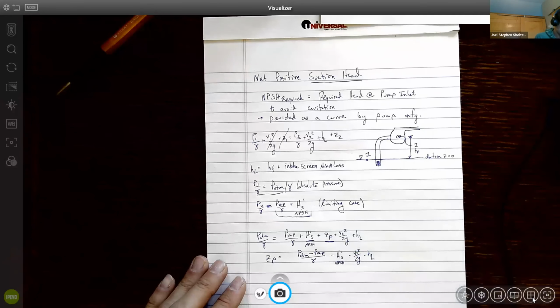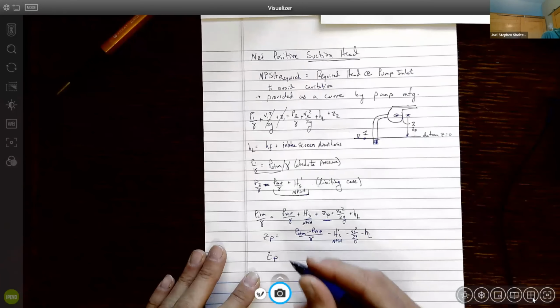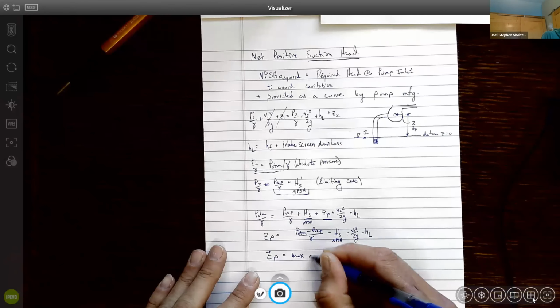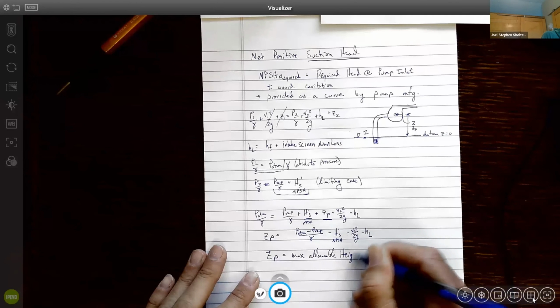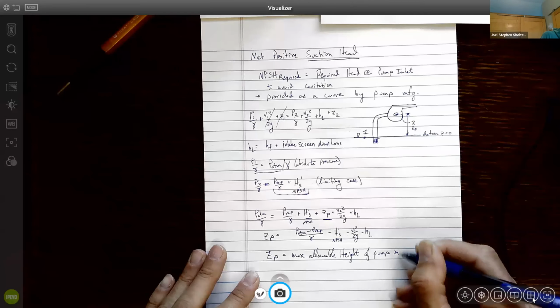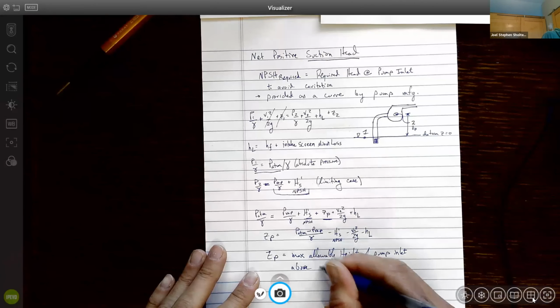So Zp ultimately equals the maximum allowable height of pump inlet above water level.